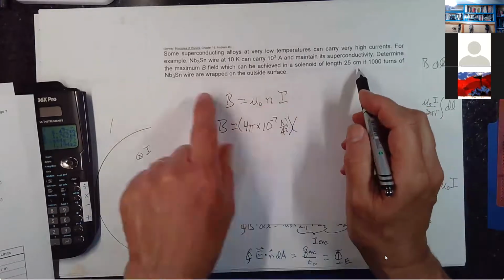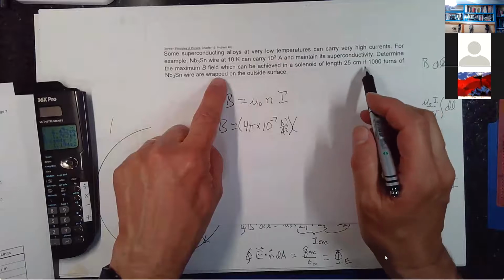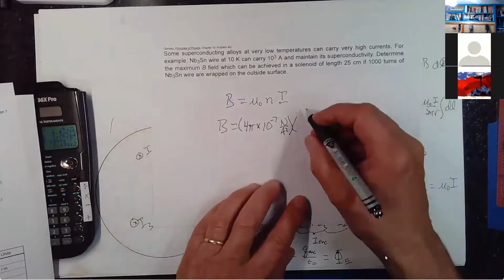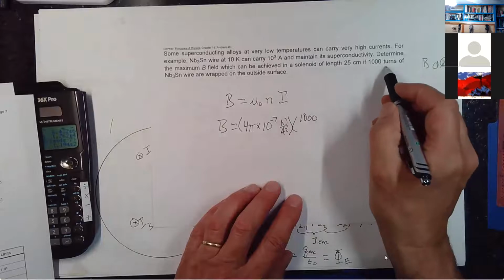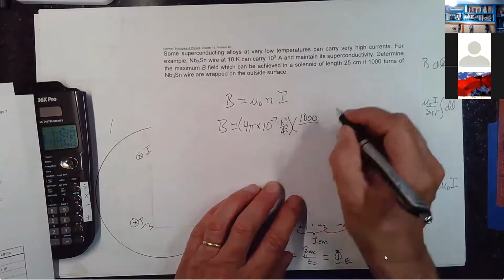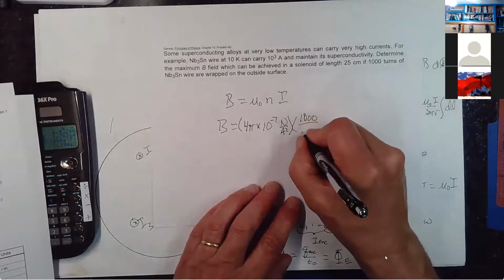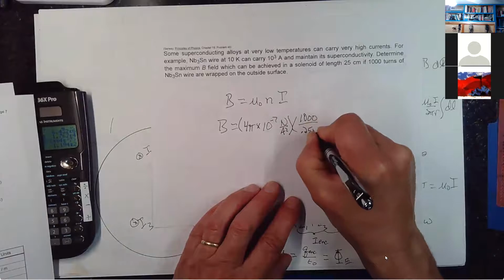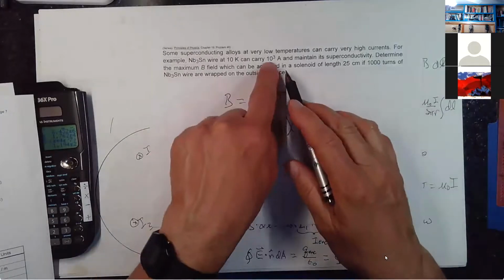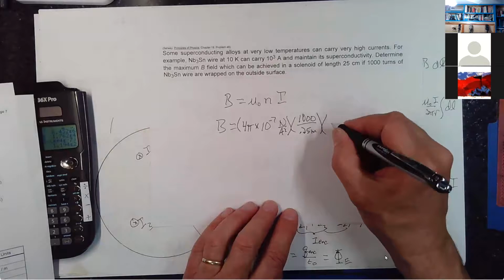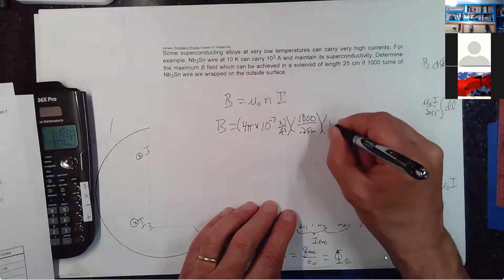And 1,000 turns of wire over 25 centimeters. The 1,000 is dimensionless. 25 centimeters is 0.25 meters. And then 10 to the third amps, 1,000 amps in each one of those wires.